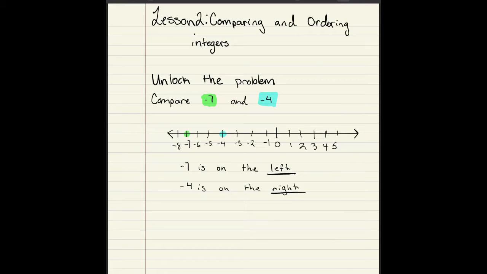And remember, when you're doing negative numbers, the more left you go, the smaller the number is. Even though, like if we were just looking at the number 8, 8 is bigger than 7.